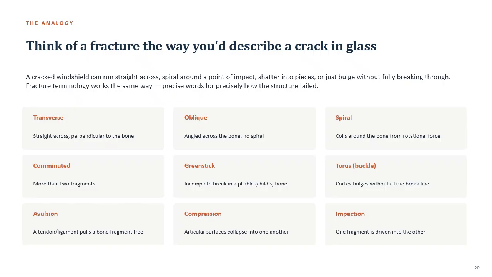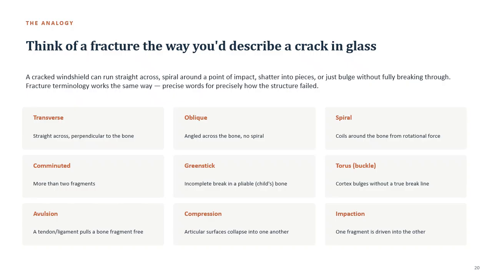The three are listed here. First one is a transverse fracture. With the transverse fracture, and you can look at the pictures in your book, they run perpendicular to the long axis of the bone. An oblique fracture crosses the bone at an angle.